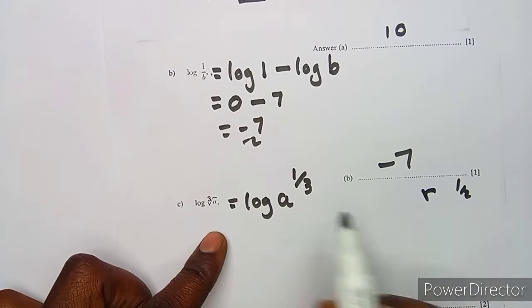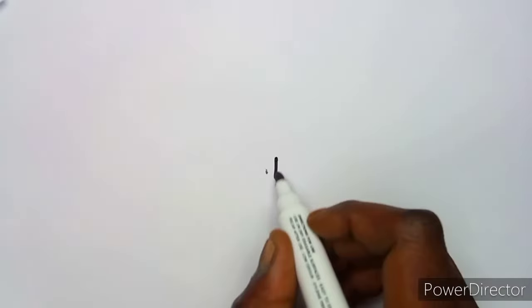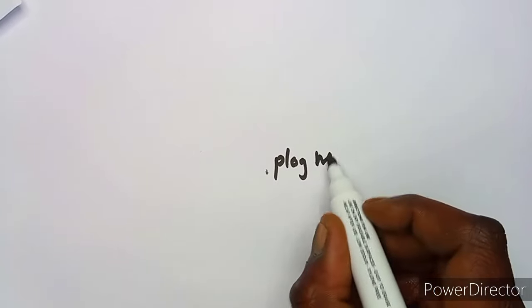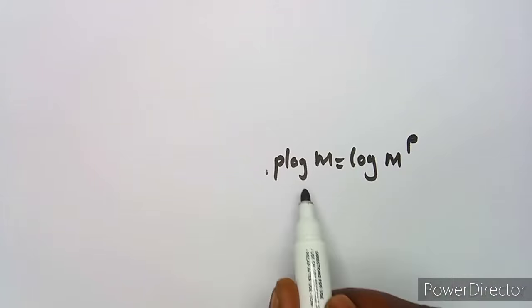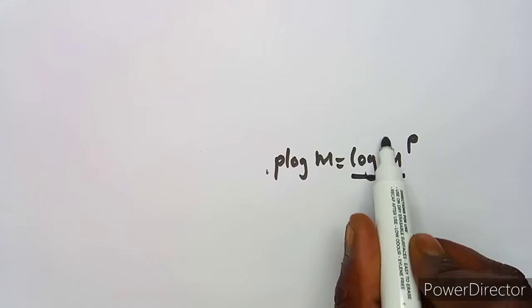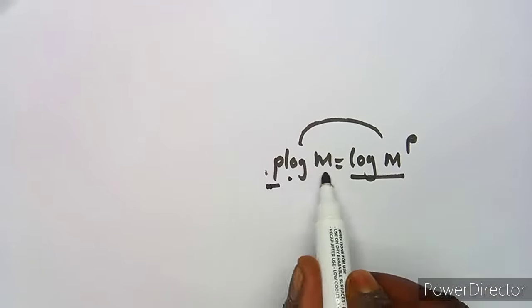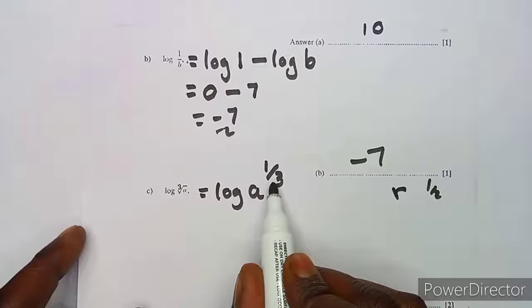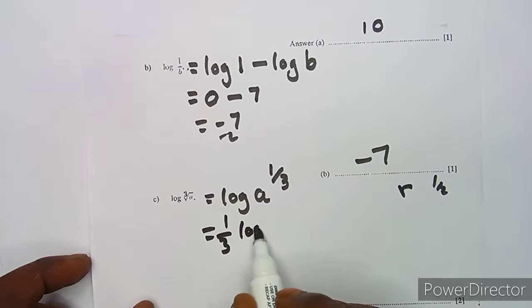All right. Then from our laws of logarithms, there is this law that we talked about: p log m gives us log m to the exponent of p. This time we are going in this direction, so we drop the exponent. It's going to be p log m. Here we've got a third as an exponent, so it's going to be a third log a.